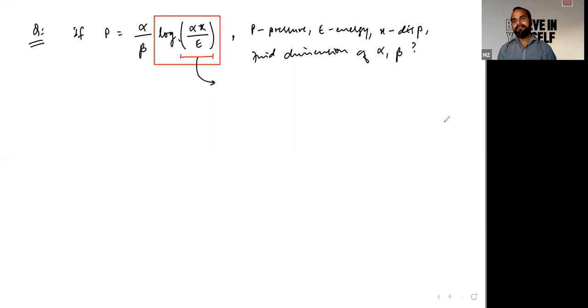Good, Abhinav. Good, Nida. Try to solve for the next part.